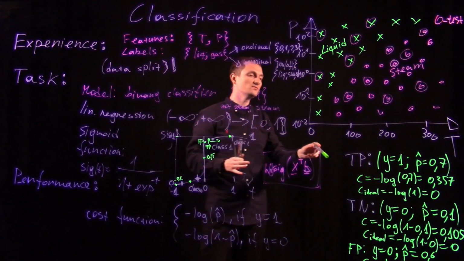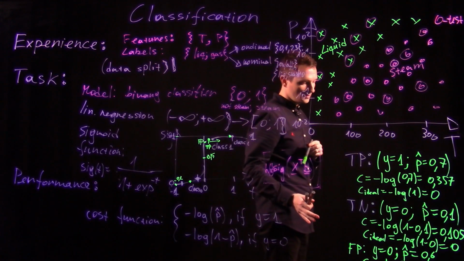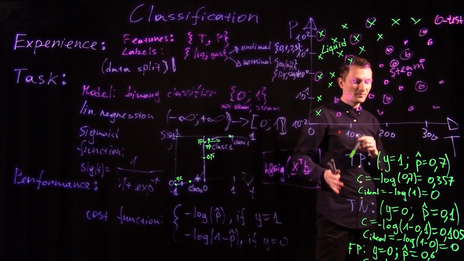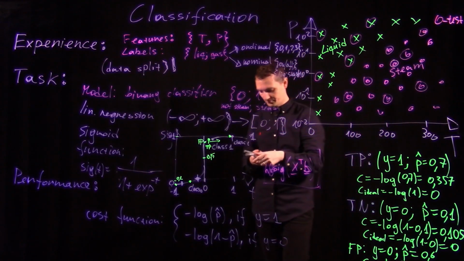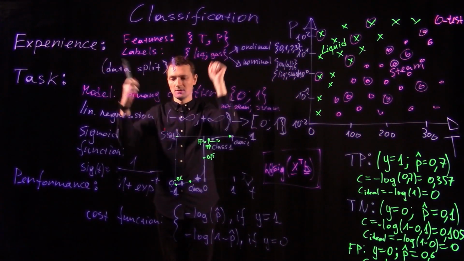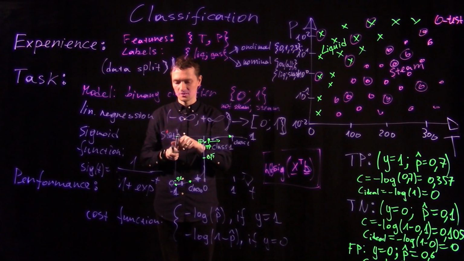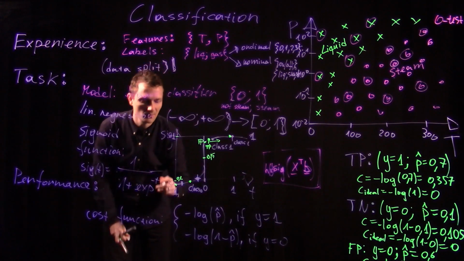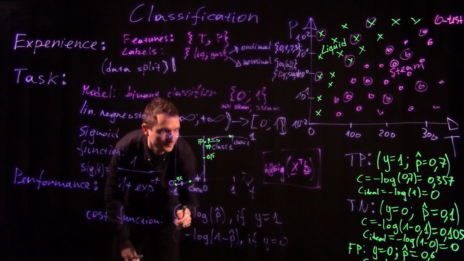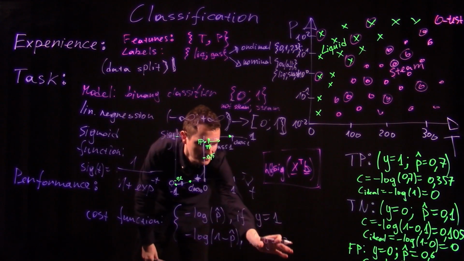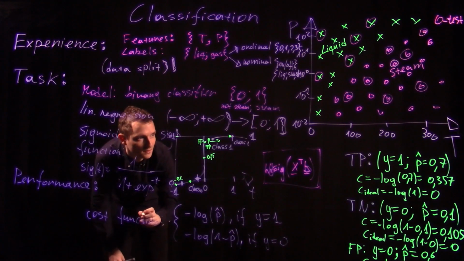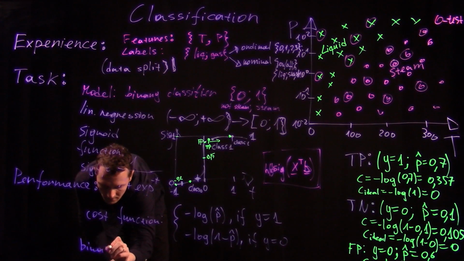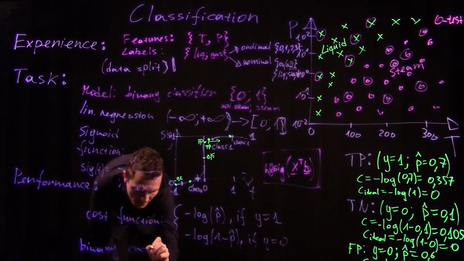The larger the value we have here, the less precise our classifier is. And now, to complete our cost function, we can just find a sum of both of the terms multiplied by these values, and thus we come to the so-called binary cross entropy.